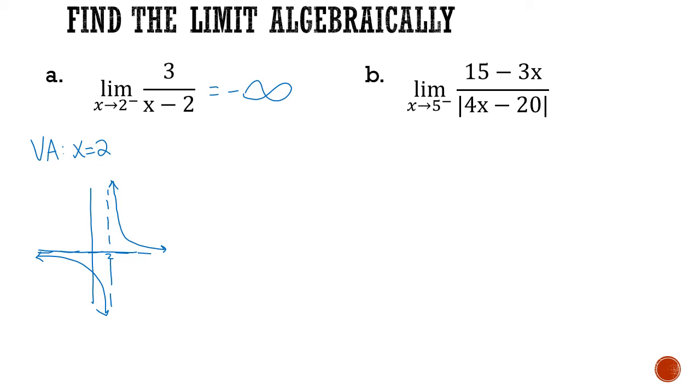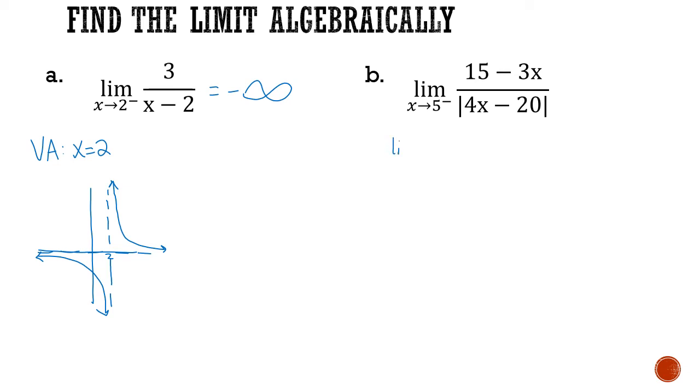Okay. B, we have absolute value. So we already talked and looked at an absolute value function inside of a rational function and how that created a piecewise function. So we're going to do the same thing here. Start by factoring it if you can, which we can in this problem.